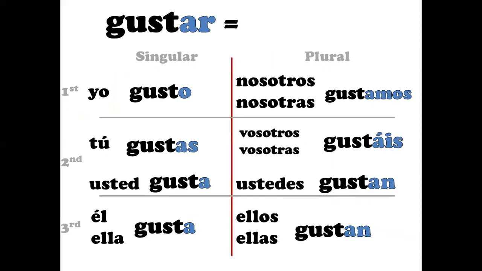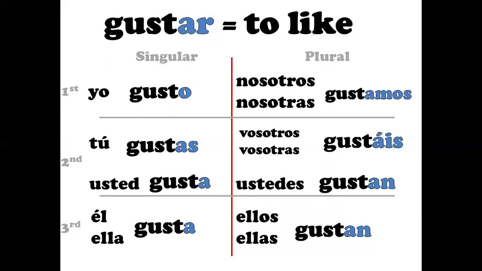Taking a little side trip, look at gustar. Gustar is conjugated regularly in the present tense. Yo gusto, tú gustas, usted gusta, nosotros gustamos. In theory, you conjugate it exactly regularly. No differences, no irregularities. And if you were to translate that verb as to like, you might want to say yo gusto and then an object like yo gusto el fútbol.